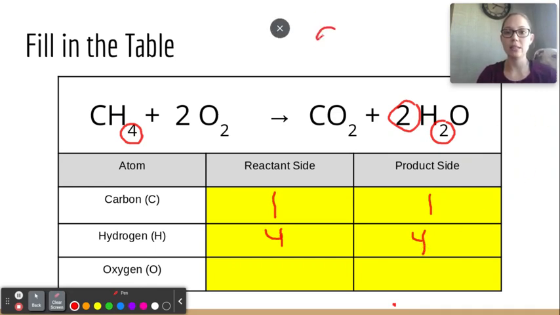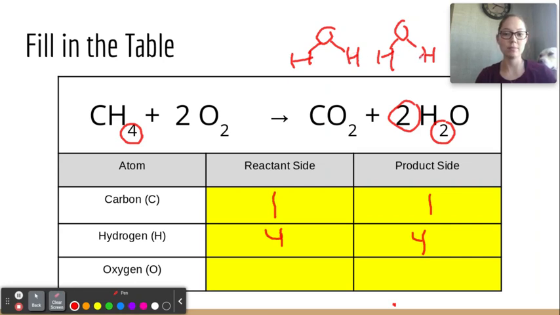If we had oxygen and a hydrogen to form our water molecule, and we know that we have 2 of them, so I'm just going to draw another one. And if you counted up how many hydrogen there are, we would count that we have 1, 2, 3, and 4. So that just helps you guys visually see where that 4 comes from.